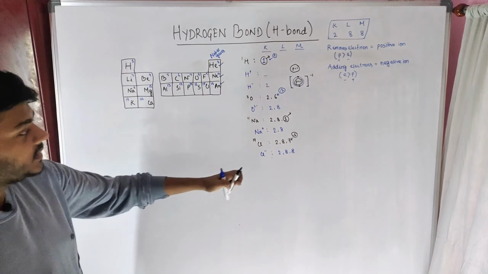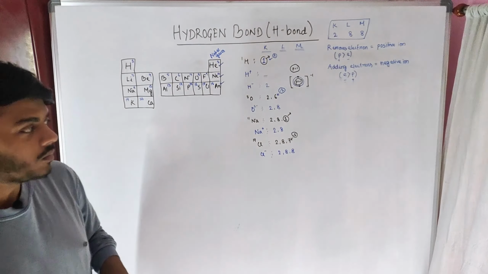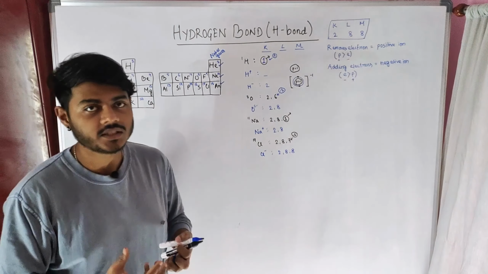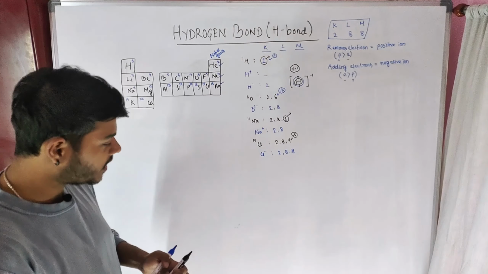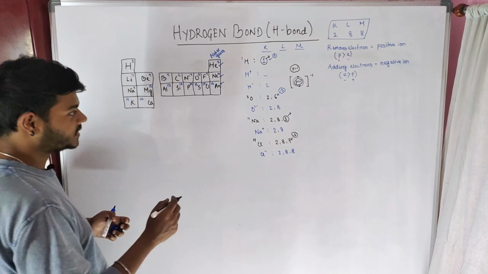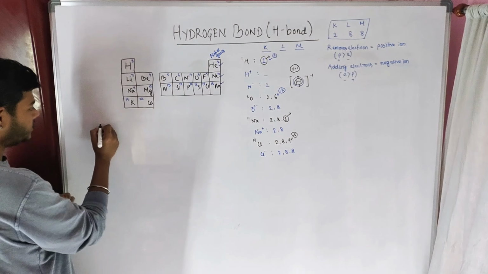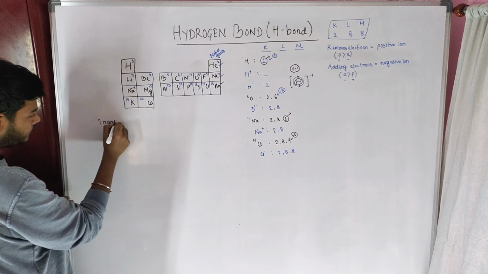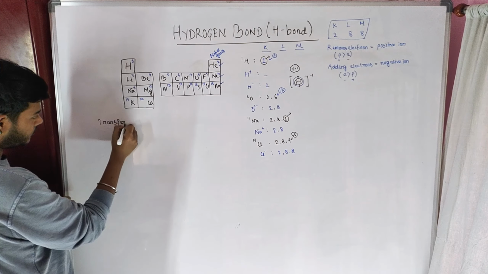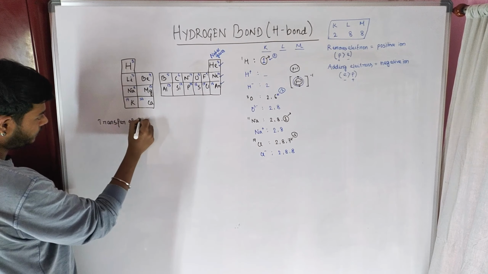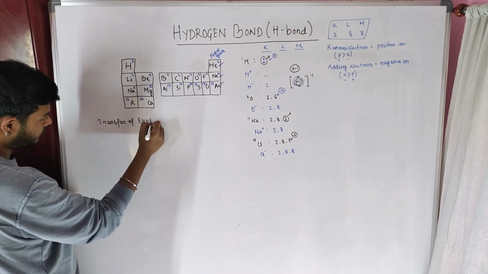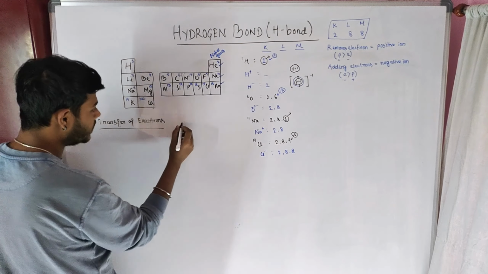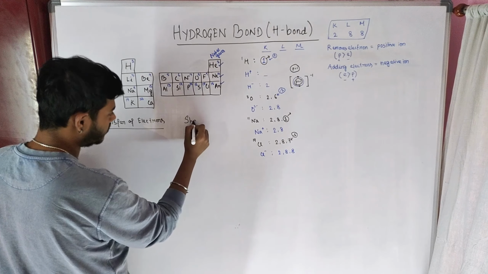So from where do these electrons come? We can't create electrons. So elements or atoms exchange electrons among themselves. There are two ways in which this can be done. One is transfer of electrons, and the other one is sharing of electrons.